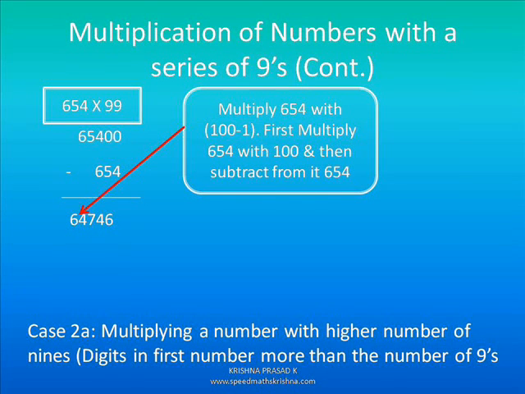First multiply 654 with 100, then subtract 654 from it. When you multiply 654 with 100, it becomes 65,400, and subtract 654 from 65,400, the answer will be 64,746.